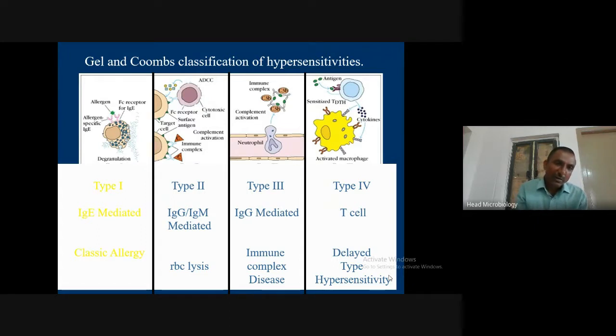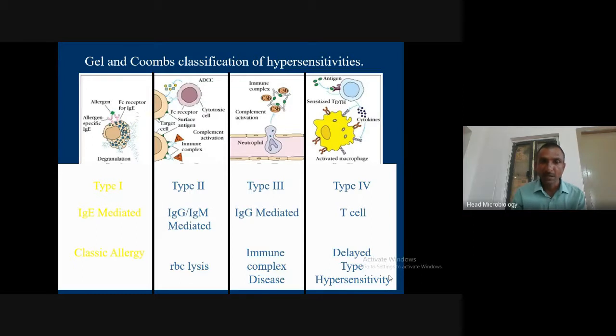Type 1 reaction is an IgE mediated sensitivity reaction. Type 2 is mediated by both IgG and IgM immunoglobulins. Type 3 is IgG mediated. Type 4 is the special T cell mediated hypersensitivity.